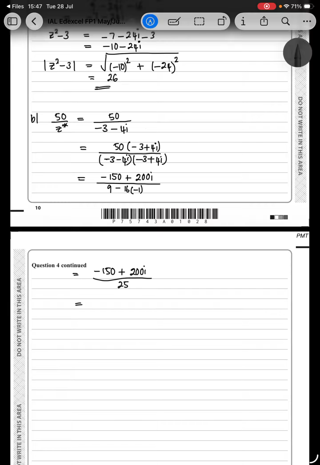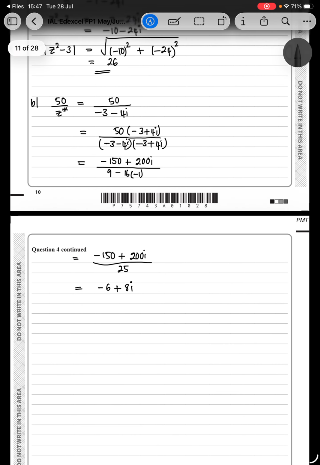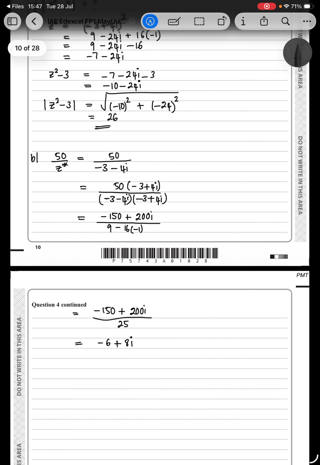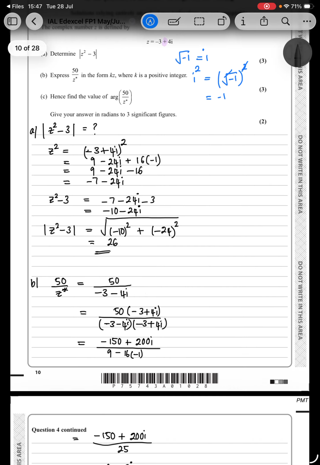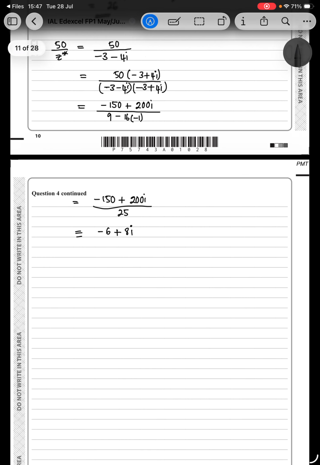We can divide 150 by 25. It gives us minus 6 plus 200 divided by 25, which will give us 8i. So the question is asking us to give the answer in terms of z. Our answer has to be a multiple of z. So we need to get the z out of this minus 6 plus 8i.